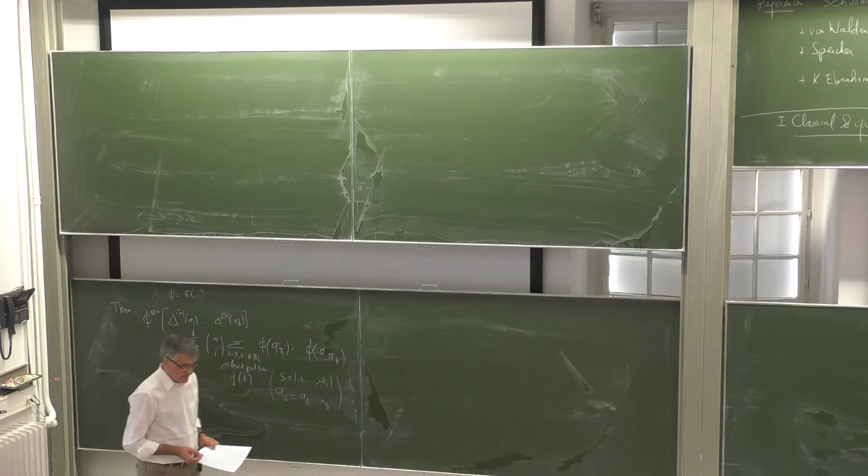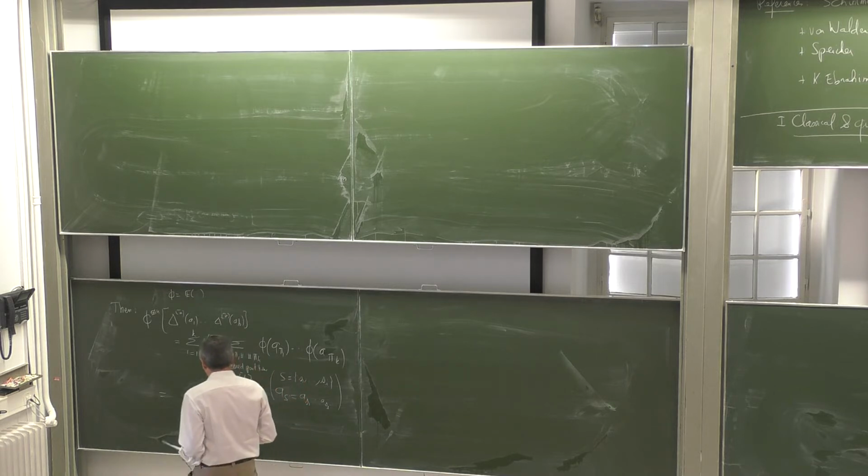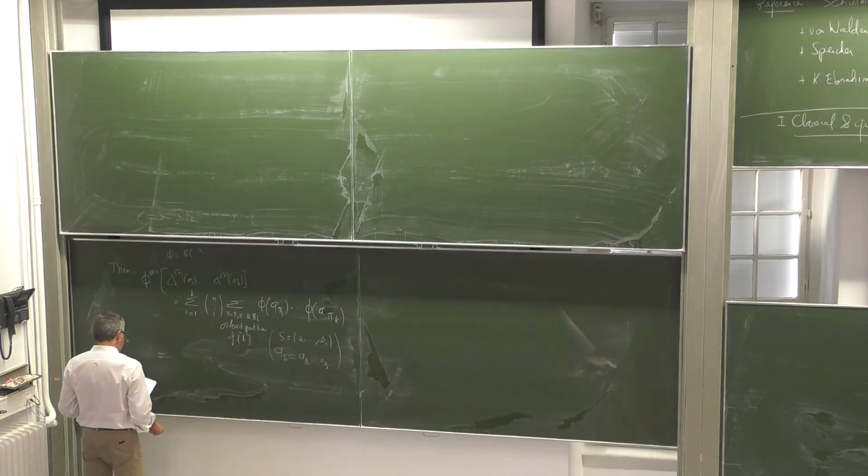This follows directly from the form of this iterated coproduct, because in the end it's an iterated coproduct in a certain sense. This is a direct consequence of the form of the iterated coproduct I've defined.